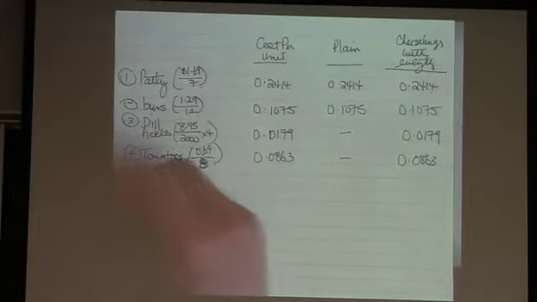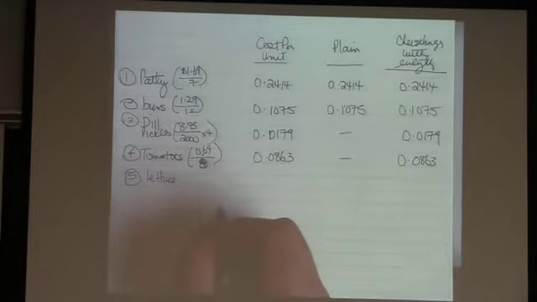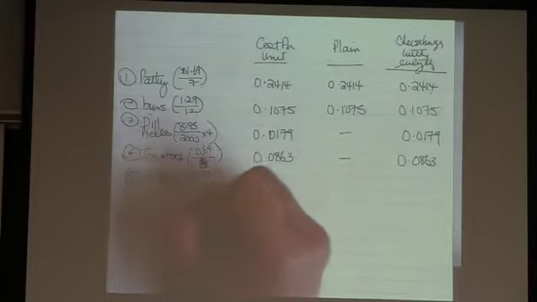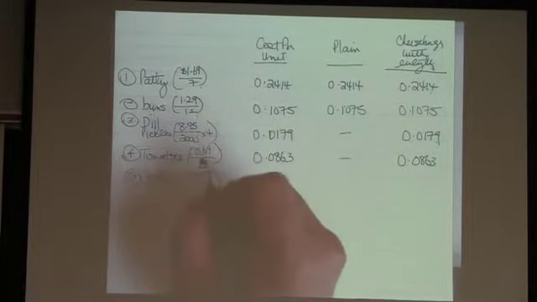Now, number 5 is lettuce. We're told that a head of lettuce is 59 cents. And how many hamburgers can a head of lettuce serve? There's 40 of them, right?